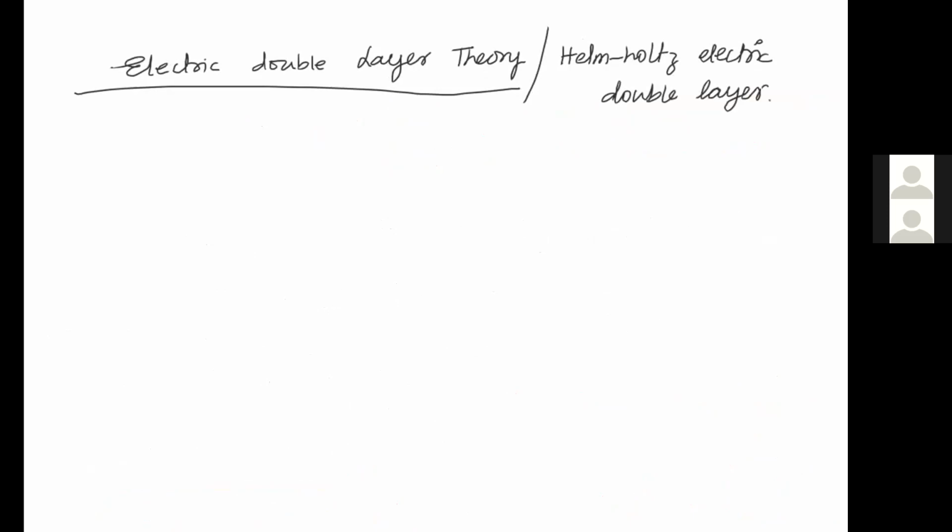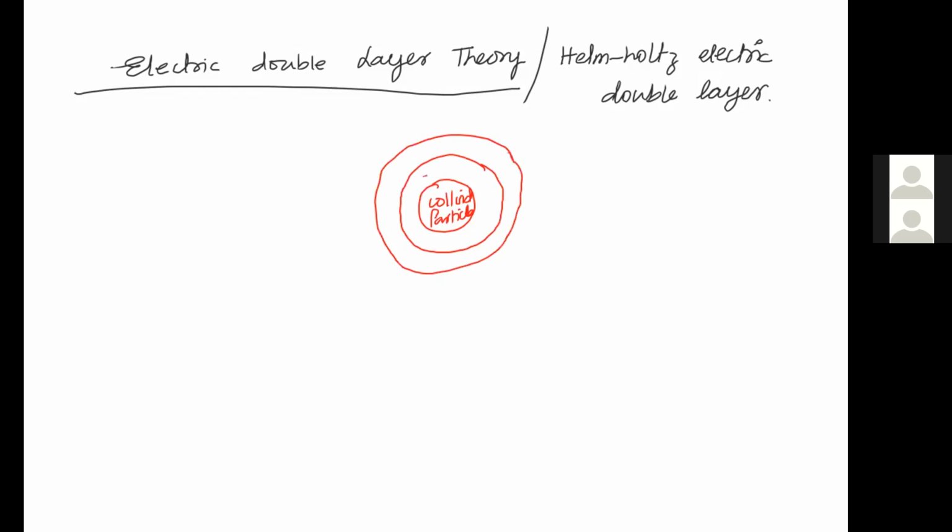What happens? We have a colloidal particle. We have positive charges, negative charges. This is the fixed layer. This is the mobile layer. Double layer theory, right?